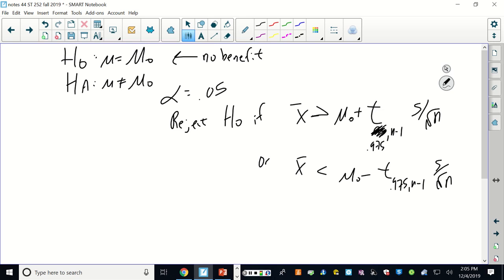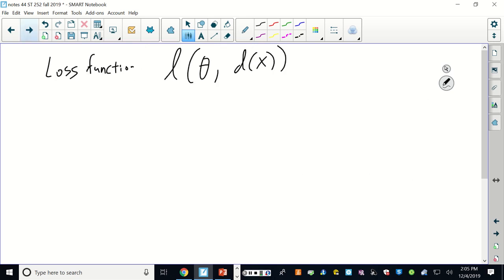So there's loss. This will depend on the data. So you either get a correct decision or not, depending on what the true value of theta is. But the way decision rules get compared is taking the expected value of those. So the risk related to a decision rule is mathematically an expectation.